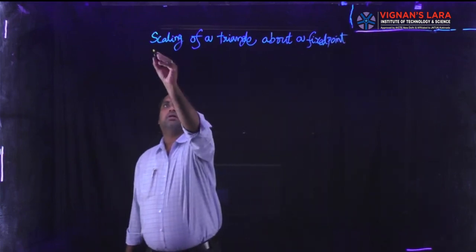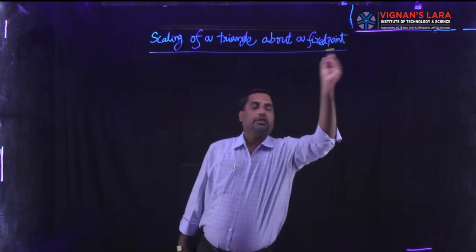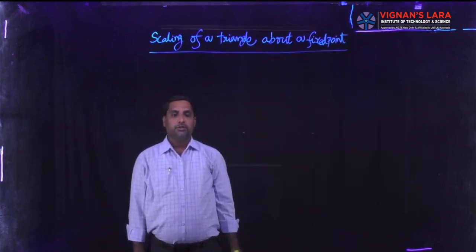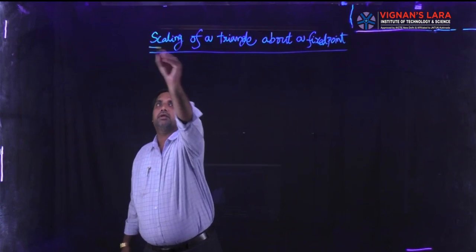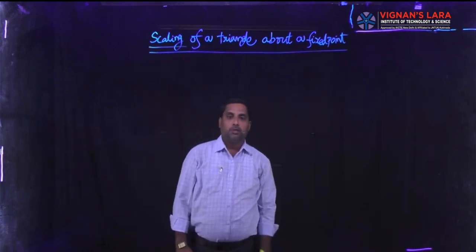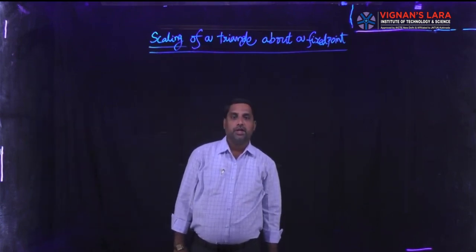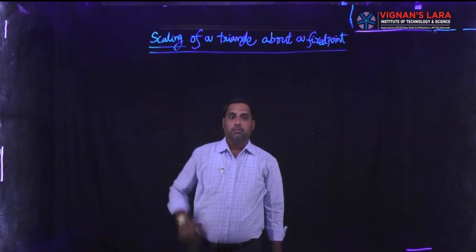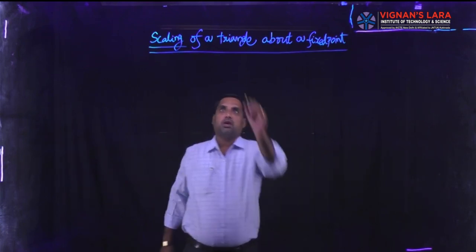This is our today's topic. You know the meaning of scaling. So far we have done the scaling about the origin. We know that matrix. But here, in place of a point, we are using a triangle.